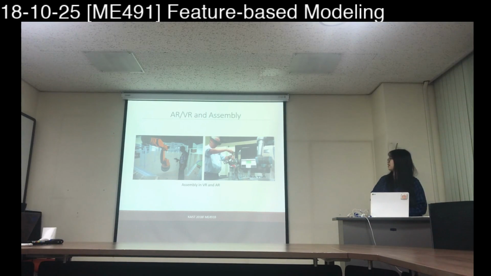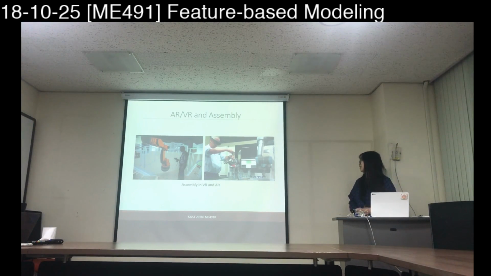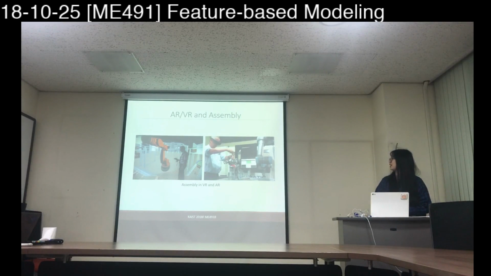The left side is the assembly in VR, so they can simulate the assembly before manufacturing or installation. And the right side picture is the assembly in AR. So AR tells them the direction of assembly.